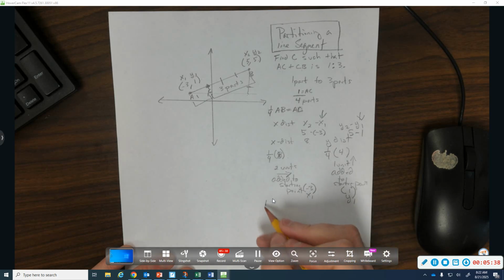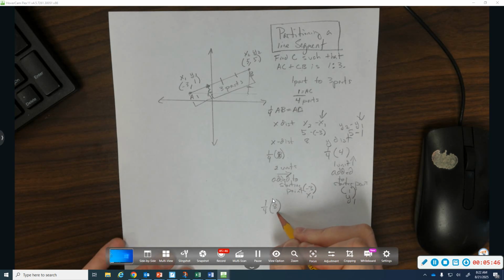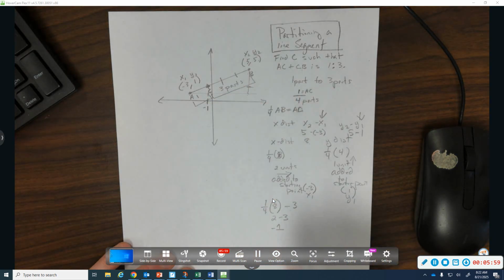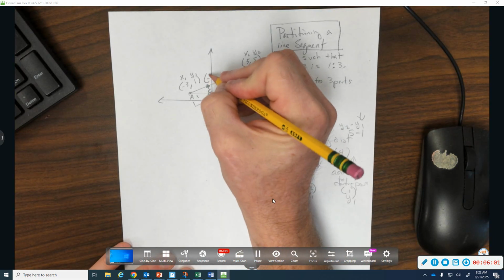So I have 1/4, which is my ratio, times my distance, and then I add my starting value. So I end up with 2 minus 3, which tells me that I am at -1, which is about that location. So this location here is -1.